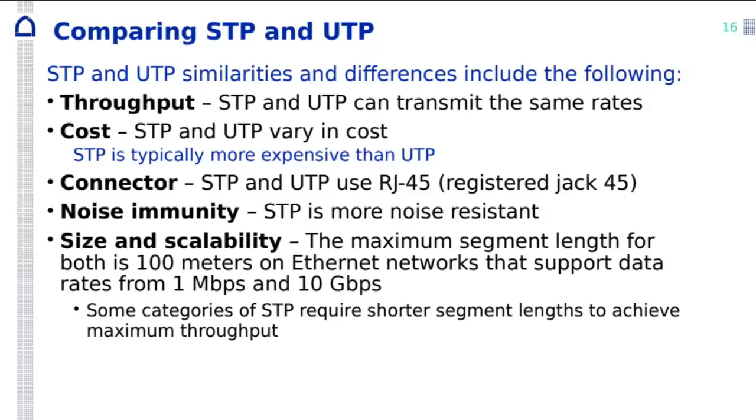Noise immunity: of course, STP is more immune, because it has shielding. Size and scalability: the maximum segment length for both is 100 meters. Some categories of STP require shorter segment lengths.